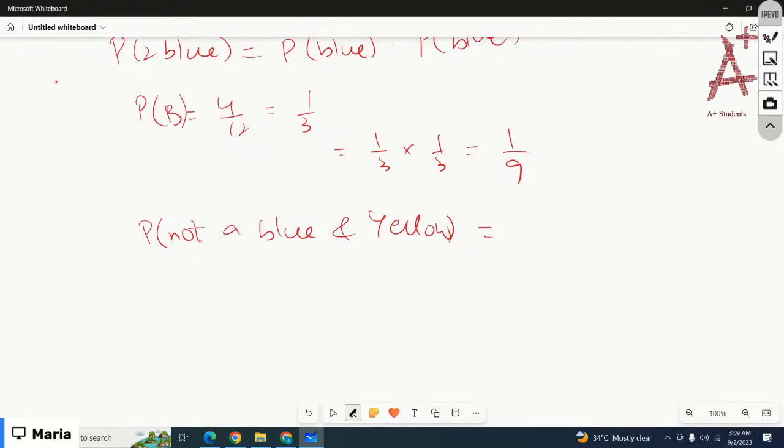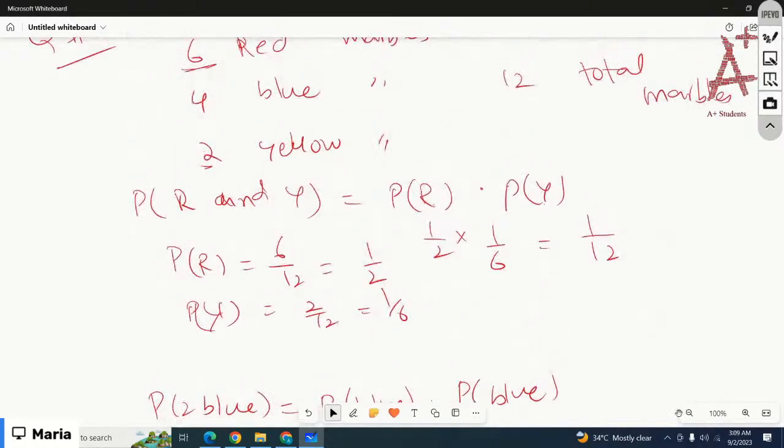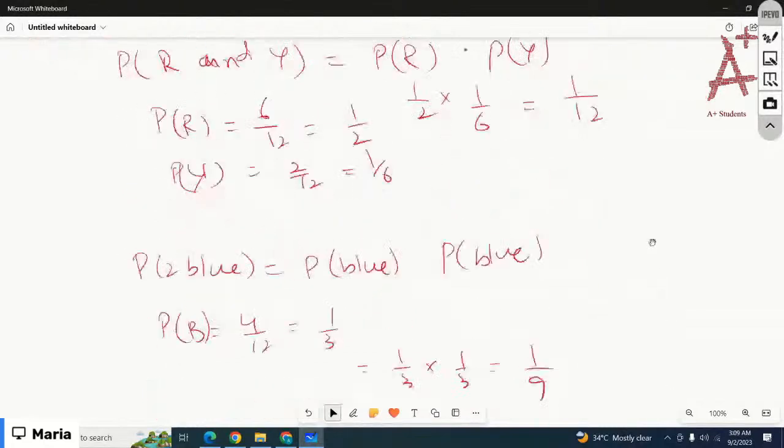So not blue means it would be probability of red and yellow, 6 and 2, 8, right?